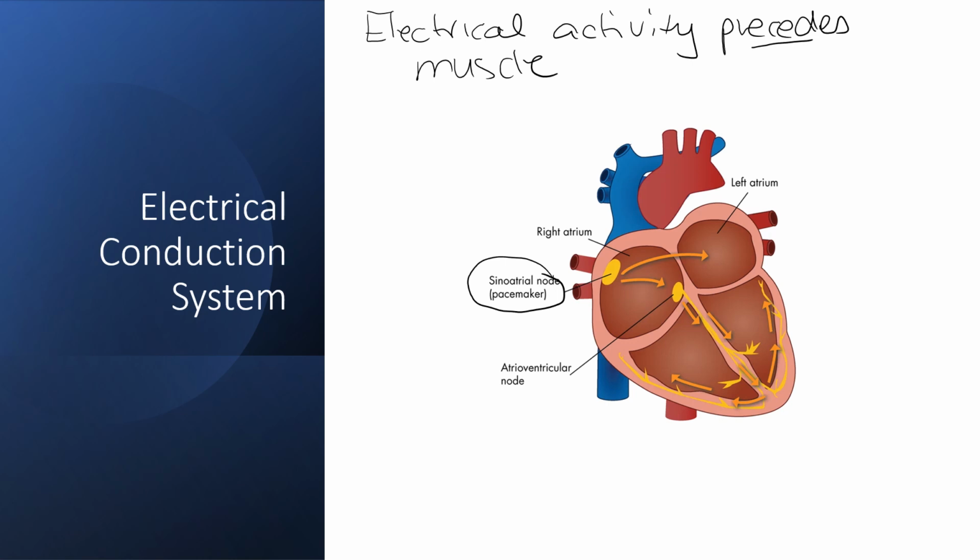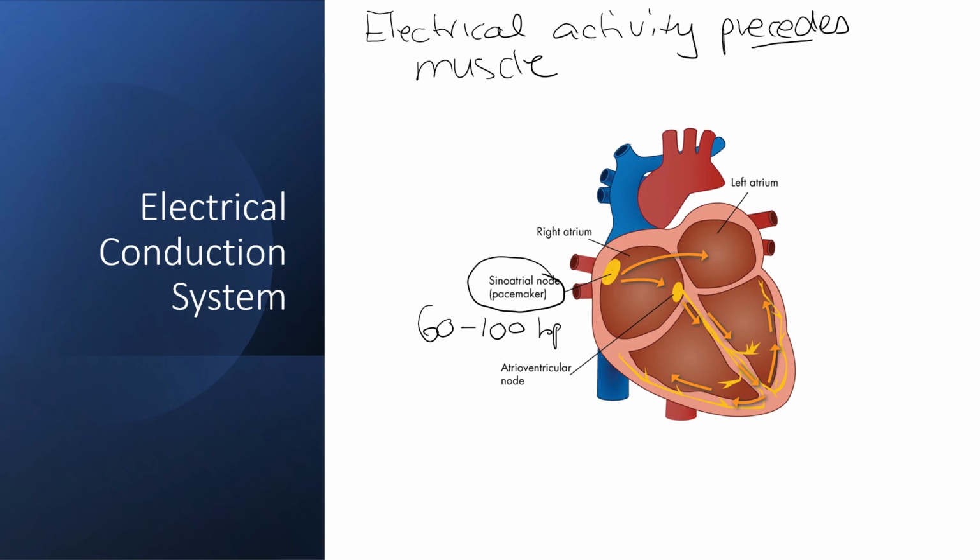Obviously look, because it could be something else, but most often it is a pacemaker. So if this node ever happens to fail or not work properly, the heart will not function properly. And so for those patients, they go in to get an artificial pacemaker put in. So this SA node, or the pacemaker, is the driving part. And so this is what gives us that heartbeat, or what you're told is the normal heart rate of 60 to 100 beats per minute.